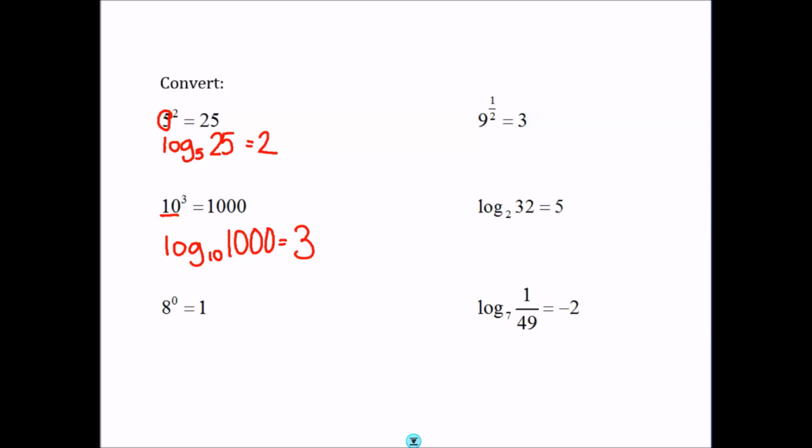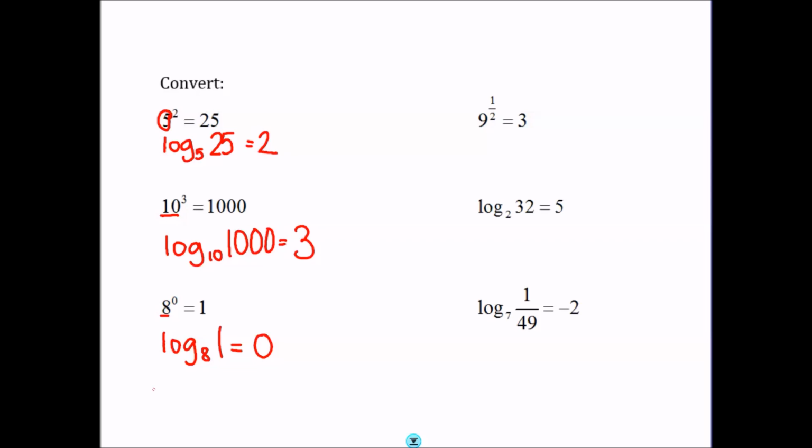So we have log base 10 of 1,000 equals 3. If we have 8 to the 0 power equals 1, 8 is the base. So we have log base 8 of 1 equals 0, because it always has to equal the exponent.